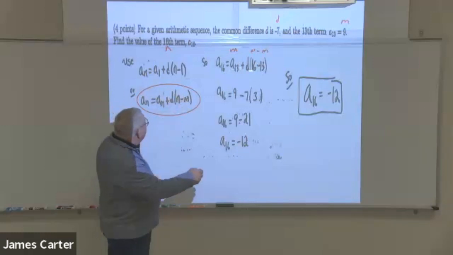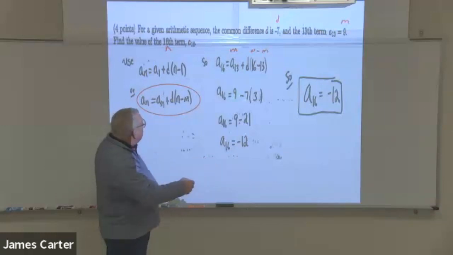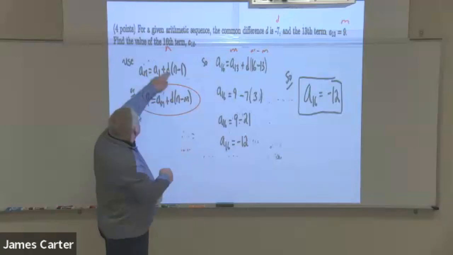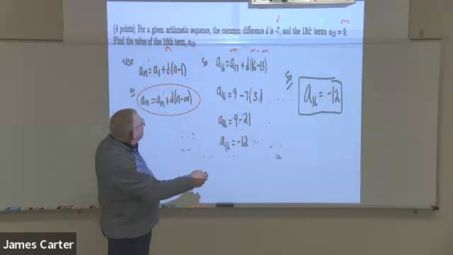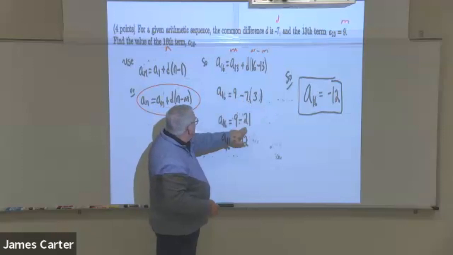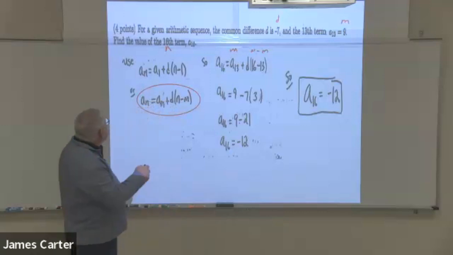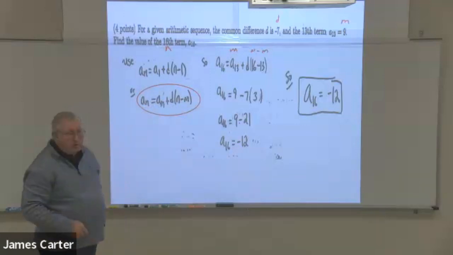So that is this information put in here, except the 13th term is 9. Common difference, -7. And 16 minus 13 gives us this 3. So we got 9 minus 21, which gives us -12. So the 16th term then is -12.